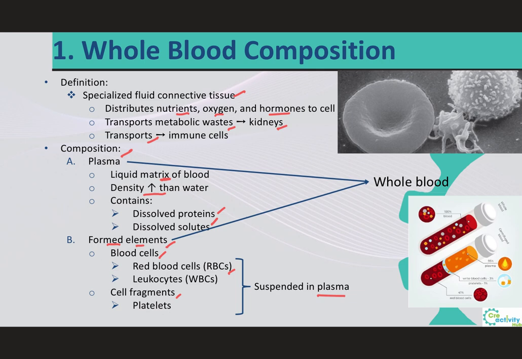White blood cells are components of the immune system, and platelets are small membrane enclosed packets of cytoplasm that will contain enzymes and other factors that are going to be essential for blood clotting and which will be very important to prevent excessive bleeding. When we combine plasma and formed elements, we have what we call whole blood.